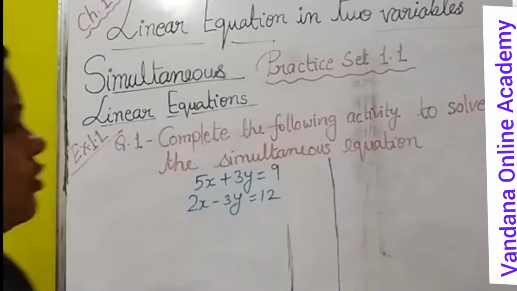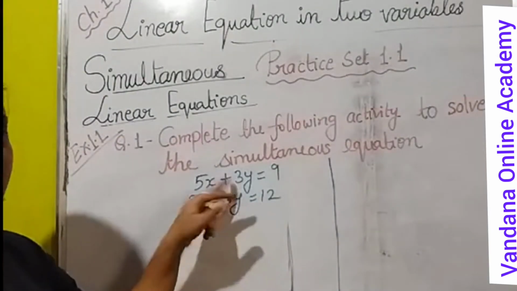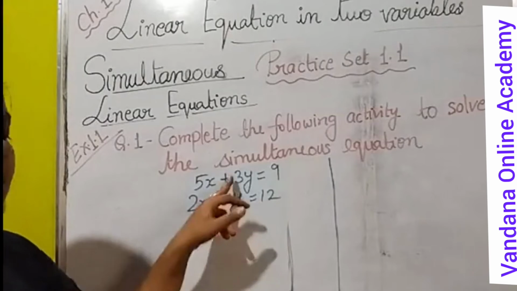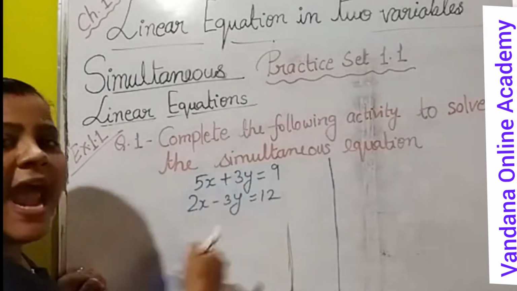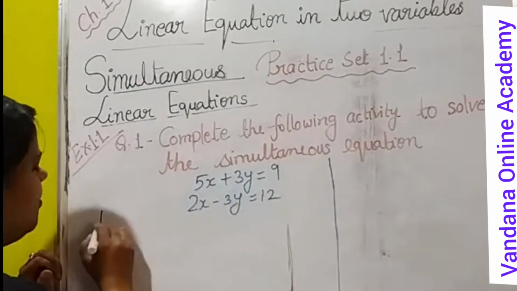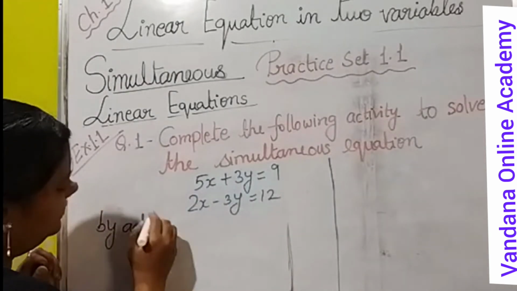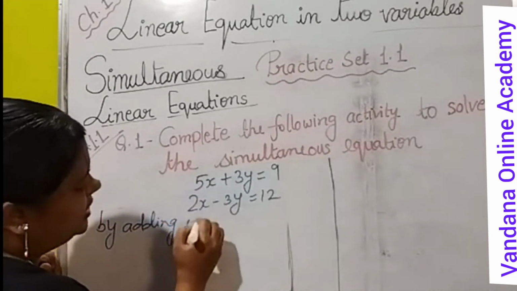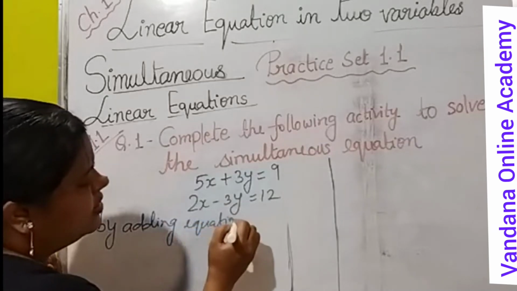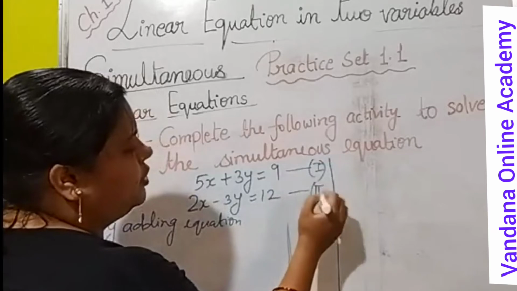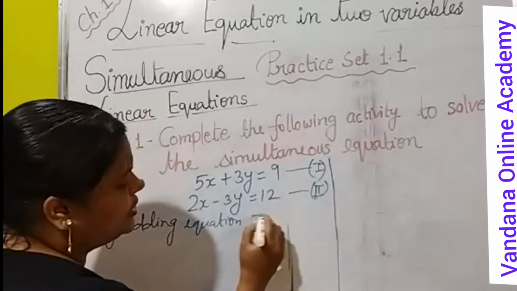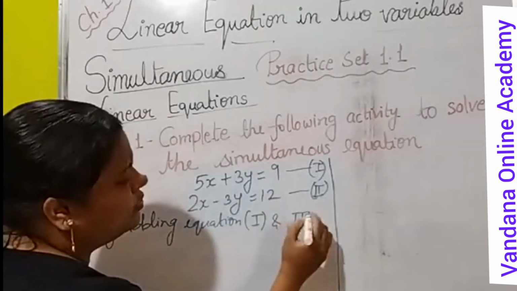So what we are going to do, we can see here plus 3 and minus 3 is given. So these terms can cancel out each other. How? We are going to add these two equations. So by adding equation, suppose this is 1 and this is 2. We give the number. So equation 1 and 2.